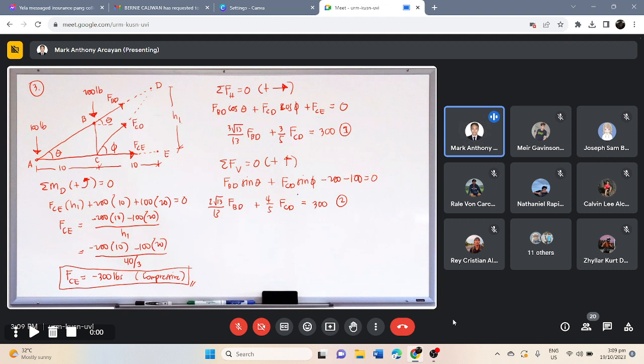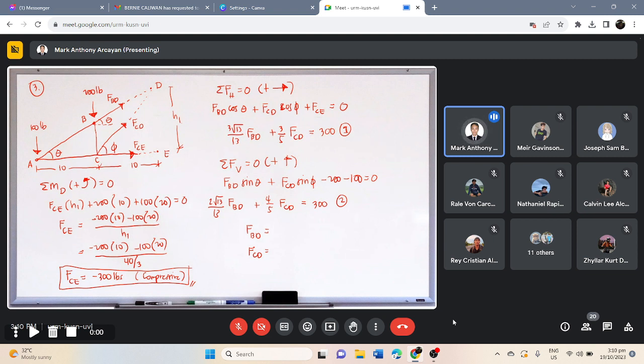Okay. So we solve the two equations simultaneously. Your calculator has a feature for that. Now, let's input it. Let's try it. Go to mode, then select 5, then select the first one, two equations, two unknowns. Input 3 square root of 13 over 13, then 3 over 5, then equal to 300.